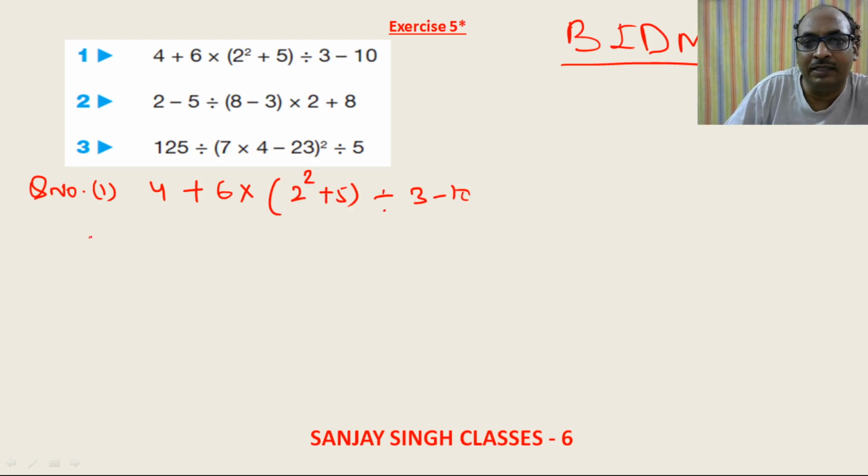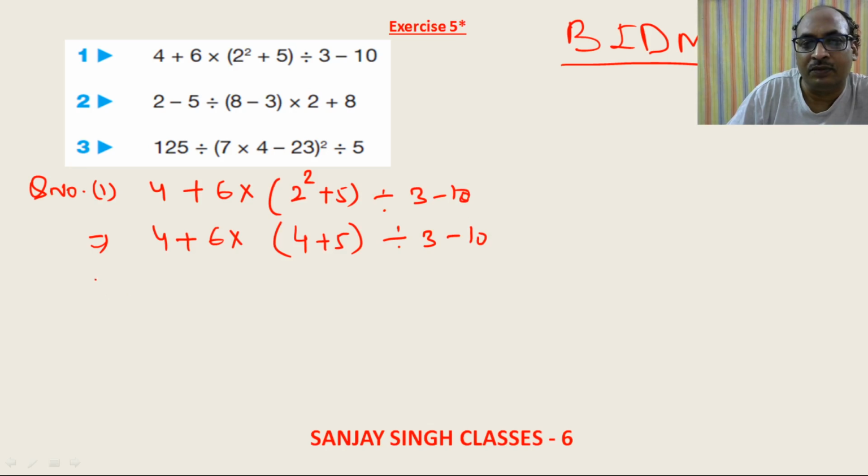Then what will we be doing? 4 plus 6 into, the bracket part we need to solve first. In the bracket, indices are there, so this 2 square will become 4, plus 5. Then divided by 3 is there, then minus 10 is there.